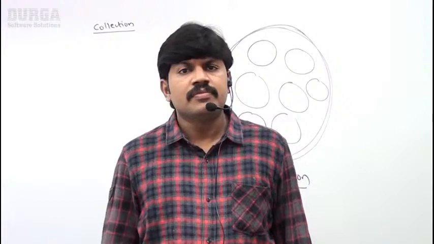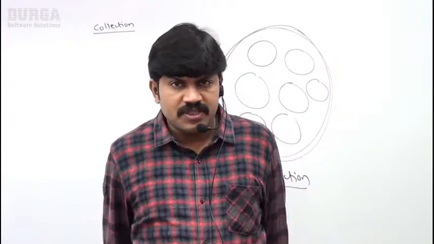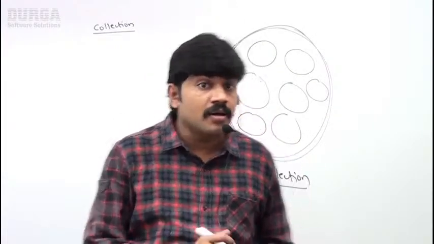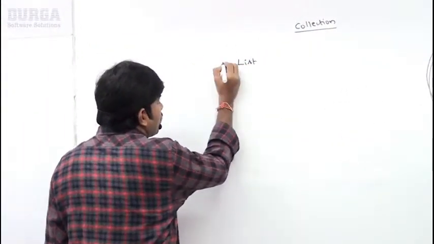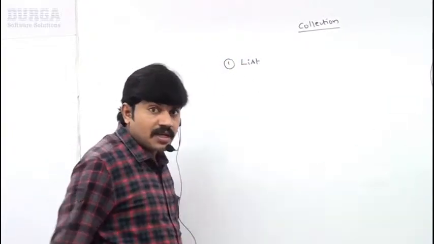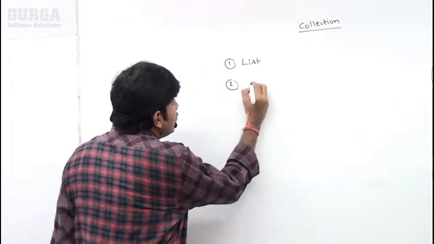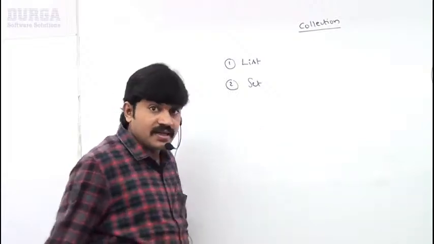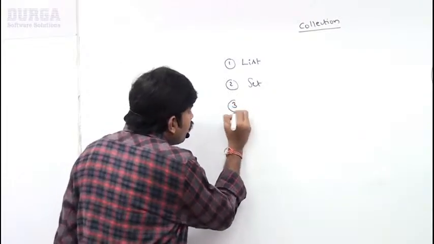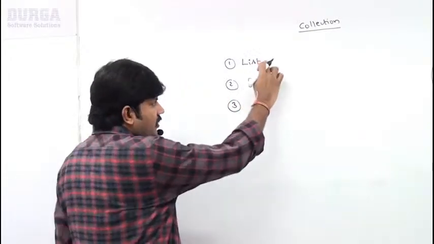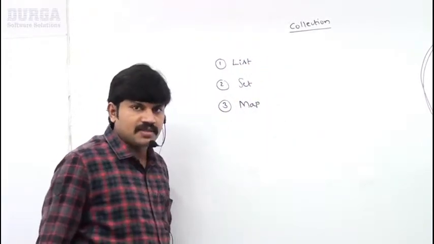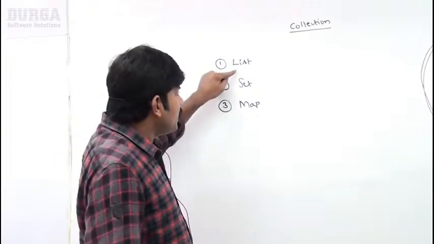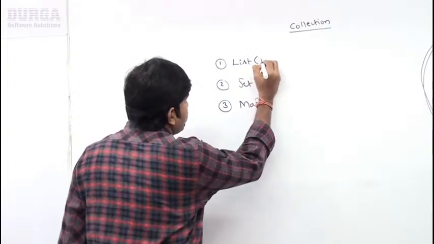Now in collections there are multiple concepts. Sometimes you may have heard about the list concept, sometimes the set concept, and then the map concept. Do you know these things are interfaces?